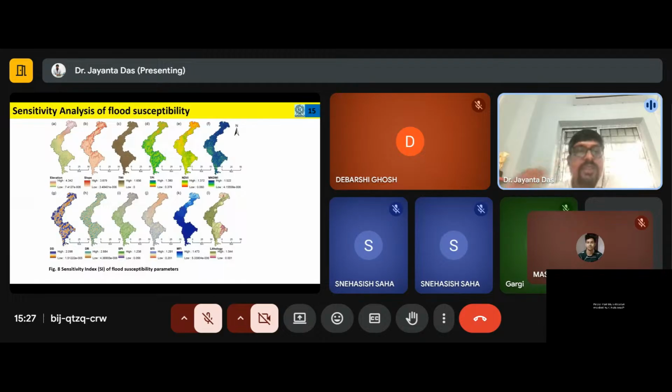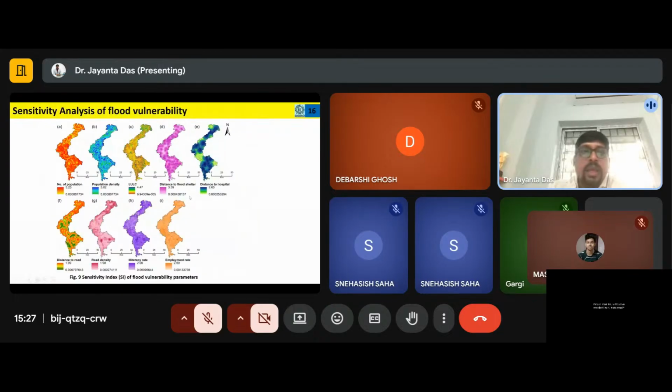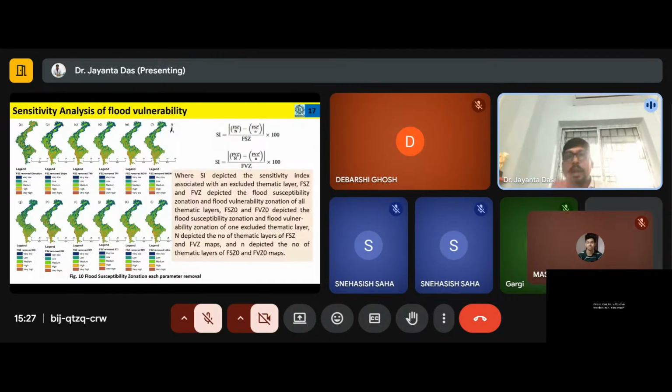Now I have done the sensitivity analysis. I have done two sensitivity analyses, one single parameter sensitivity analysis and another map removal sensitivity analysis. Here is the single parameter sensitivity analysis for flood susceptibility, how sensitive it is to the flood, and here the sensitivity parameter for the flood vulnerability, and this is the map removal sensitivity analysis. Here I considered the 12 parameters for flood vulnerability mapping.